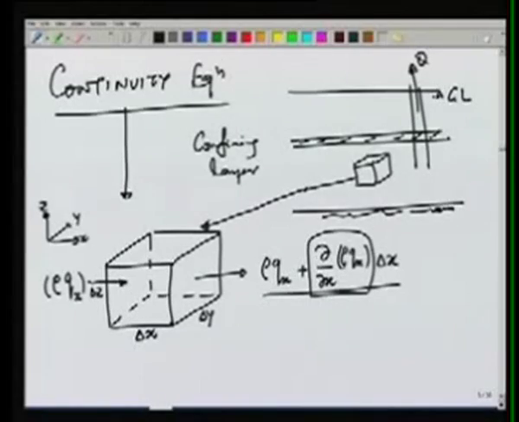Sometimes we assume that this whole term rho is inside the differential here. So when we take del by del x, we put rho inside the derivative.